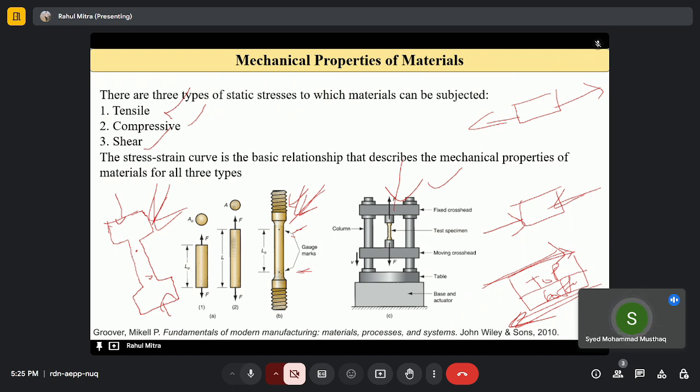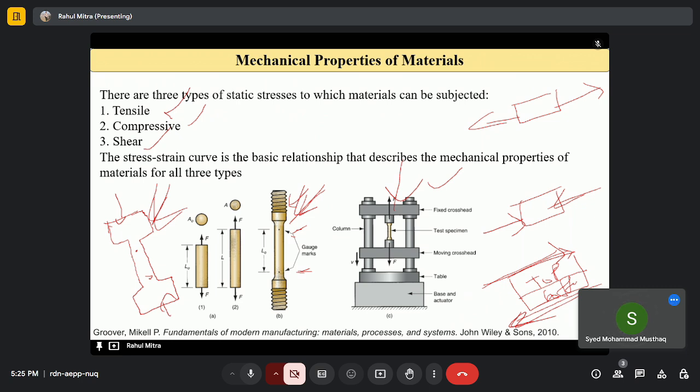For example, if you have a rectangular specimen, there is a certain width to height ratio, and if you are taking the cylindrical specimen, there is a specific radius to length ratio that should be maintained so that the values don't change. For example, if I do an experiment in one place and do the experiment in some other place with different sizes, there will be a difference in values.